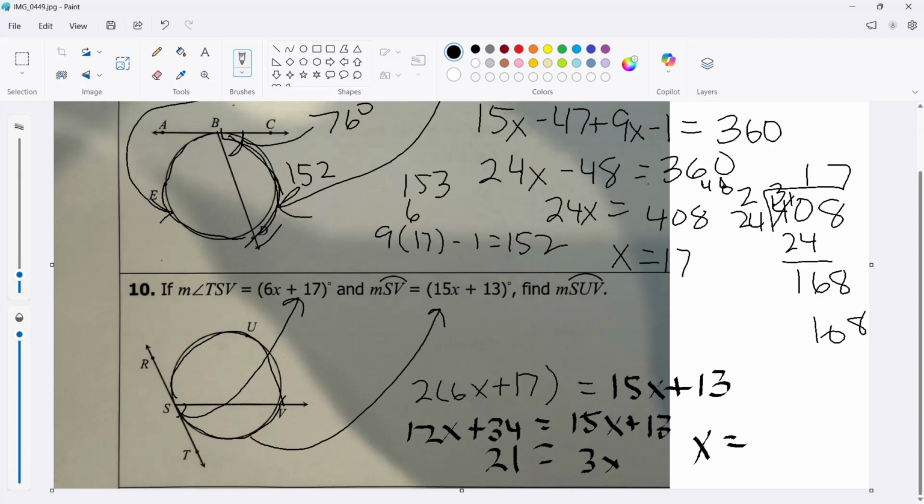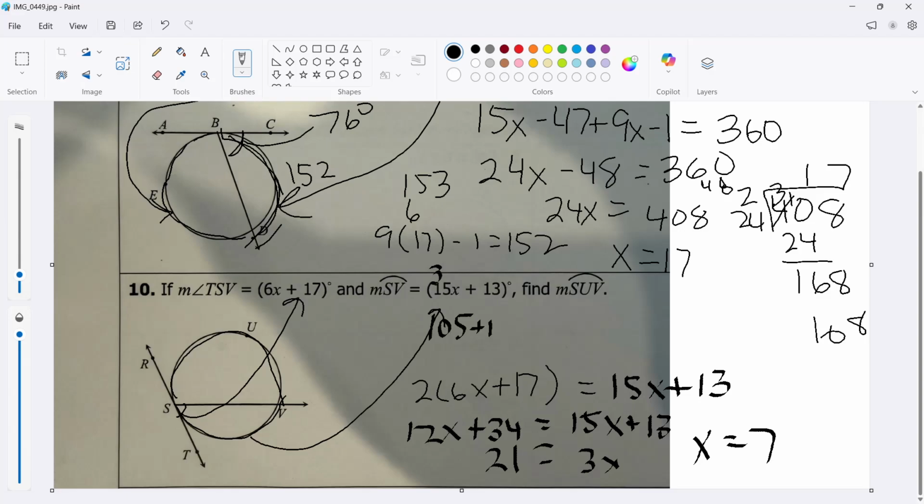X equals 7. If x equals 7, arc SV is 15 times 7, which is 105, plus 13 equals 118. I'll just take that and subtract it from 360 to get arc SUV.